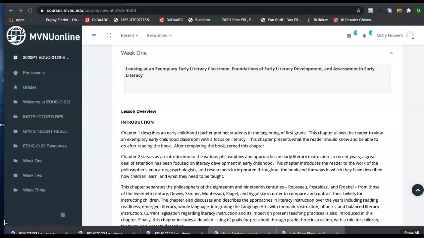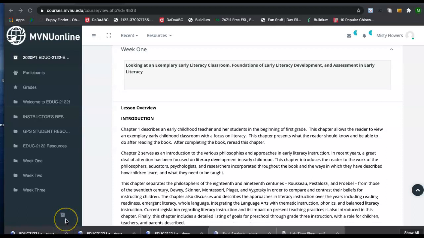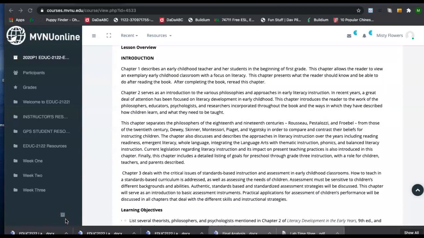Chapter 2 is the foundations of early literacy from the past to the present, and it focuses on various philosophies and approaches in early literacy instruction.